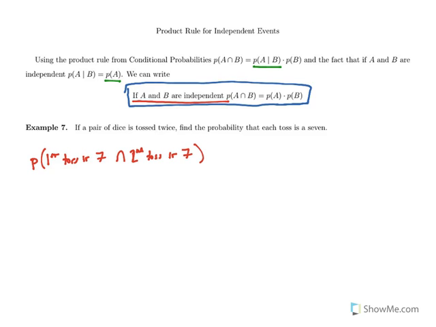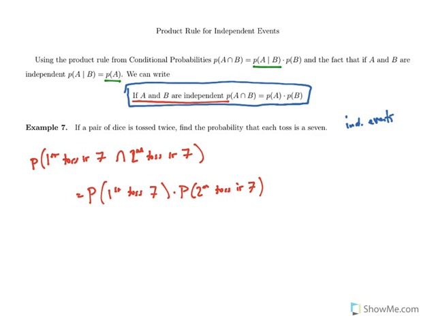But we know that rolling a die twice, that's independent events. The second roll is not affected by the results of the first roll. Right? These are independent events. So therefore, we can write this as the probability that the first toss is a 7 times the probability that the second toss is a 7.